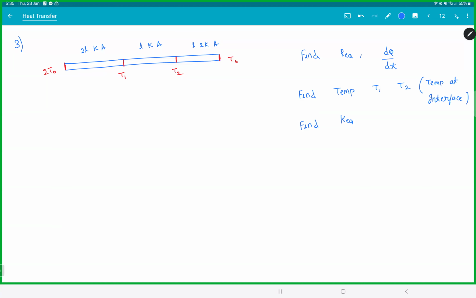Others do keep your cams on. Okay, we do have R equivalent.